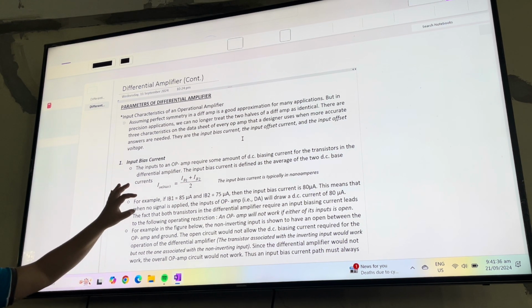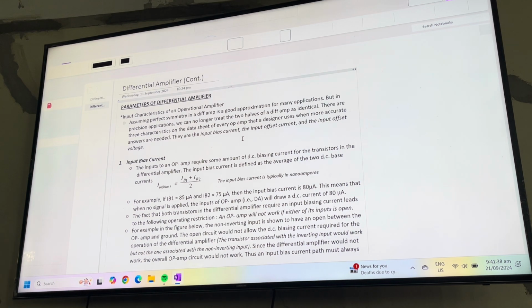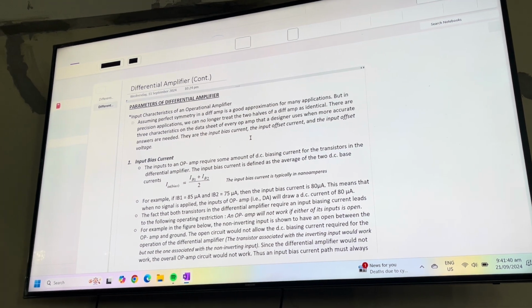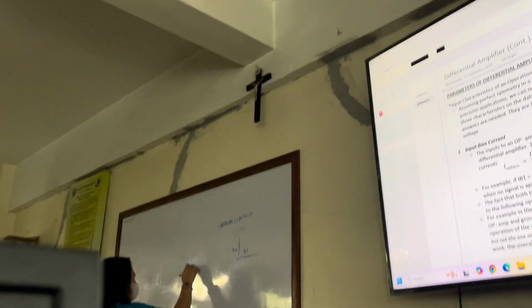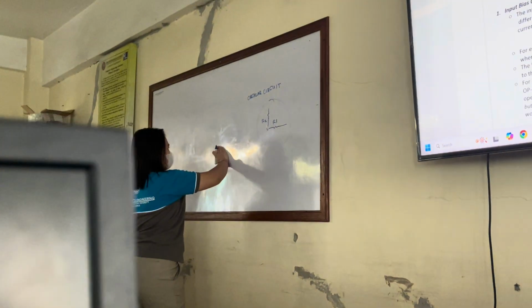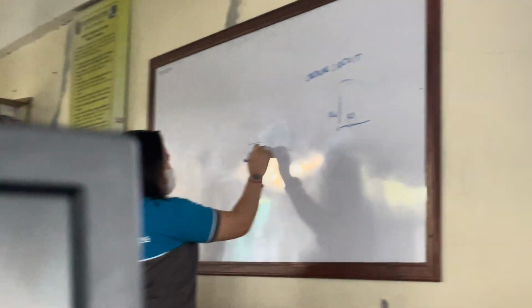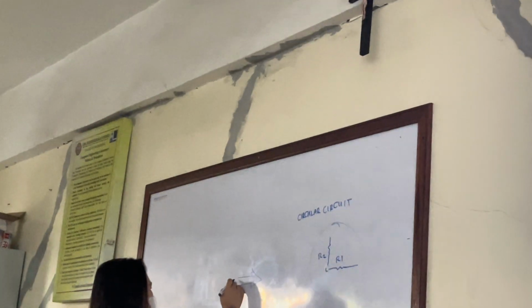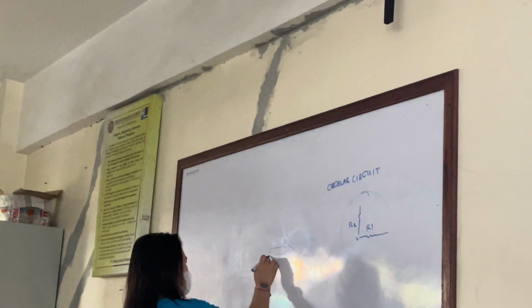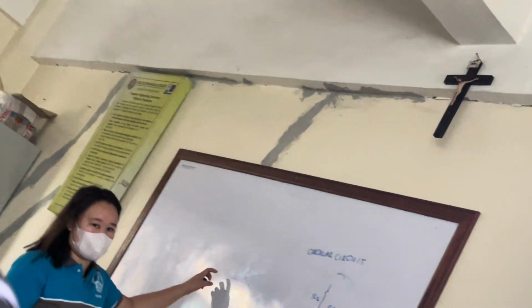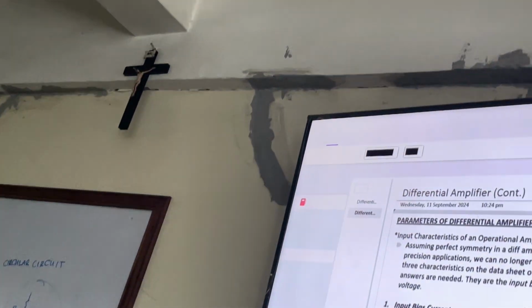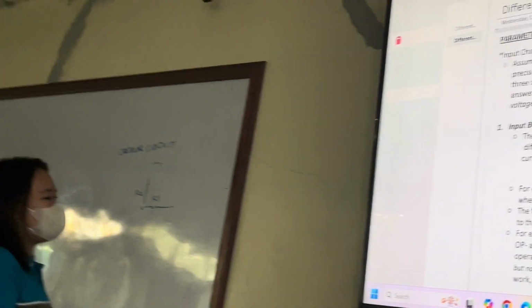Let's say we have an amplifier, for example. This is our negative, positive. We have our input here and we also have our input here: input 1, input 2. Any of the two can receive a signal.